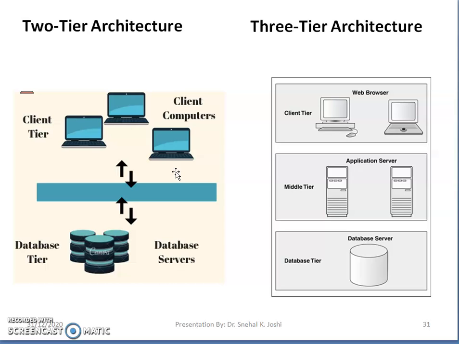In case of 3-tier architecture, it contains another layer between the client and the server, known as the middle layer. In this architecture, clients cannot directly communicate with the server. The application on the client end interacts with the application server, which further communicates with the database system.